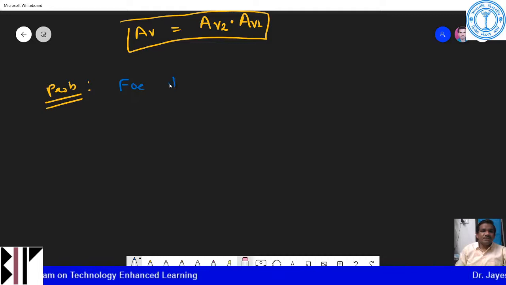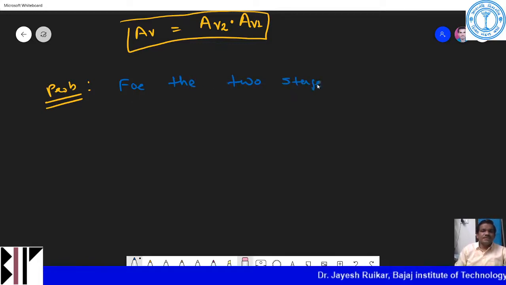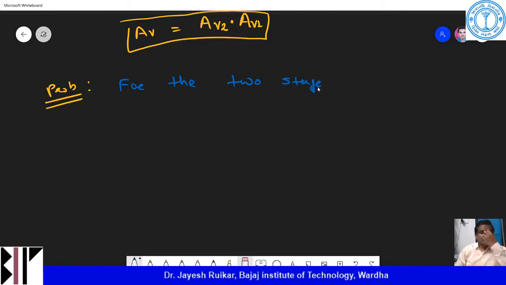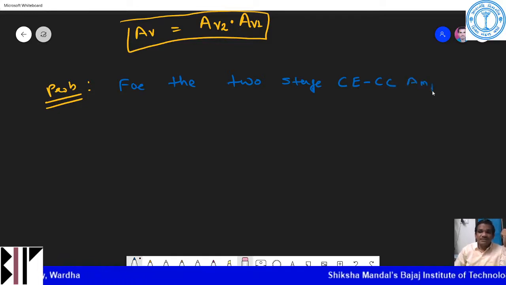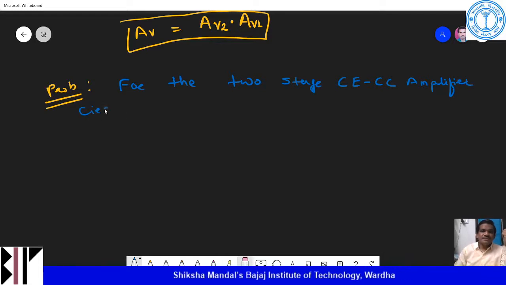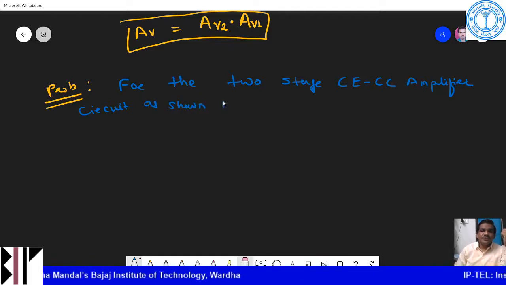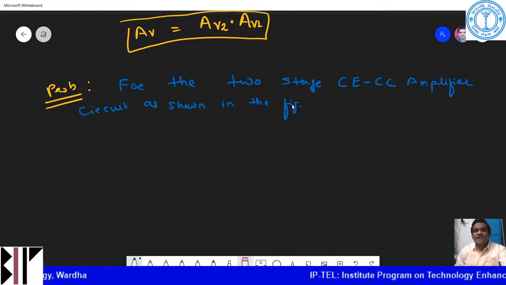For the two stage CE-CC, that is common emitter common collector, amplifier circuit as shown in the figure.